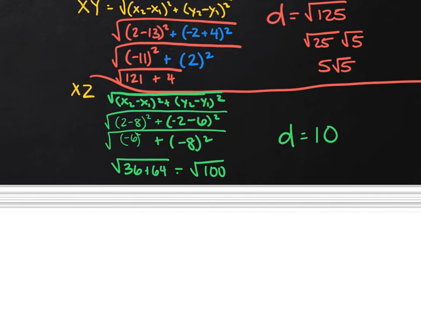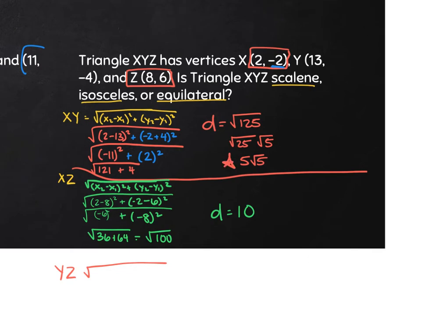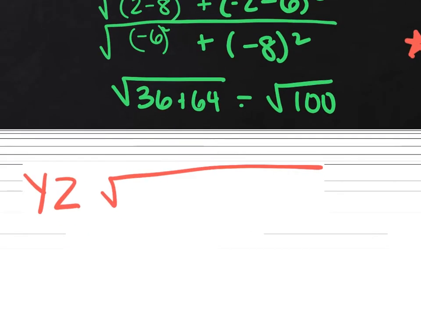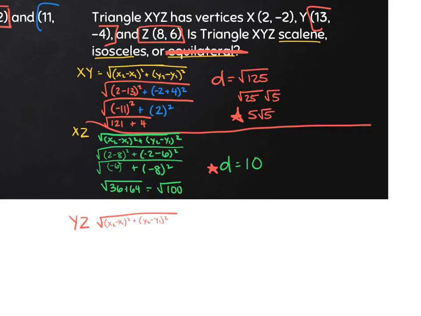I'm going to do the exact same thing with yz. But already just looking at this distance and this distance, I know it's certainly not equilateral. So I can cross that one out. I'm starting with the same formula, but this time I'm looking at point y and point z. So my x values are 13 to 8. My y values, I'm going from negative 4 to 6.